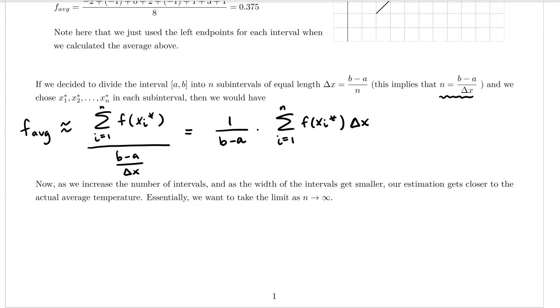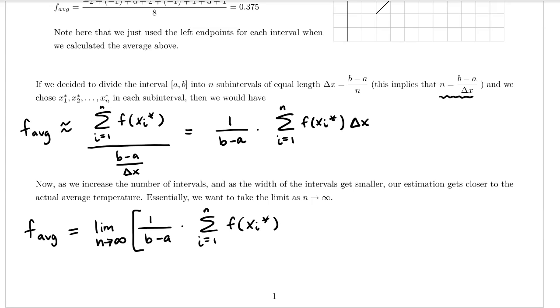Essentially, we want to take the limit as n approaches infinity, like we have previously. So we find that the average value of our function is equal to the limit as n approaches infinity of the quantity that we just wrote, 1 over b minus a, times the summation from i equals 1 to n of f of x sub i star times delta x.